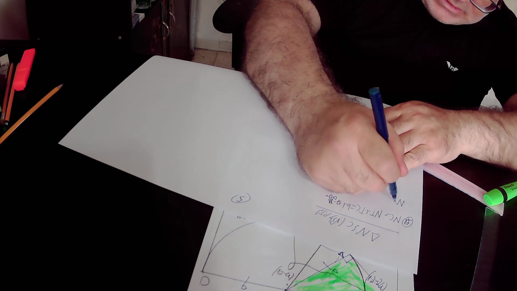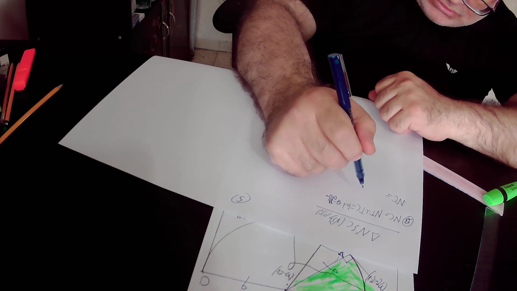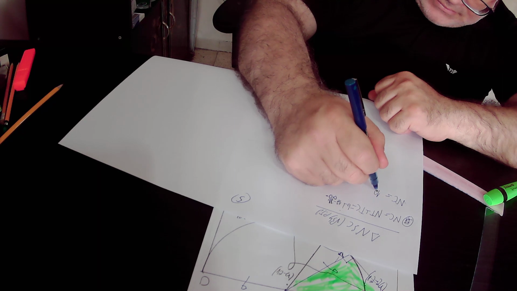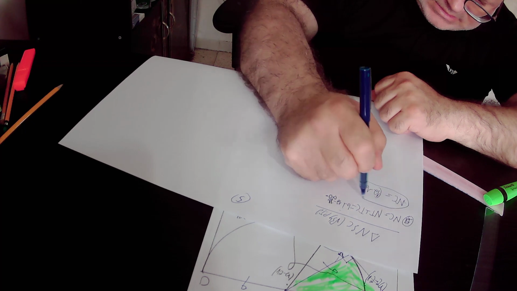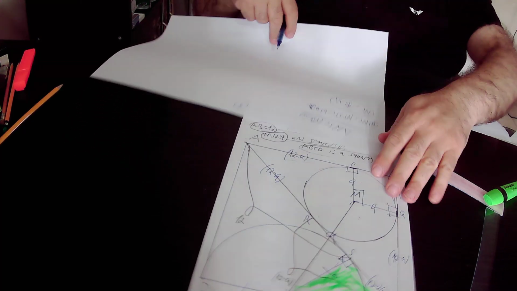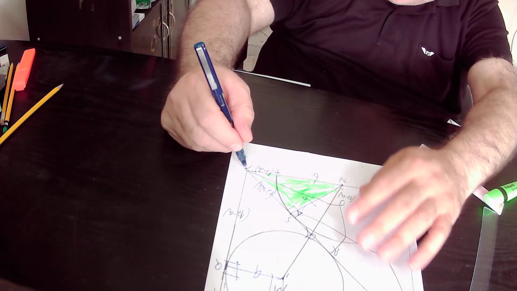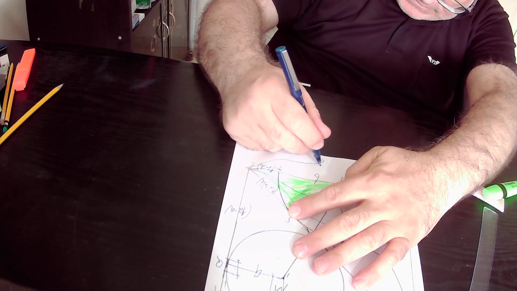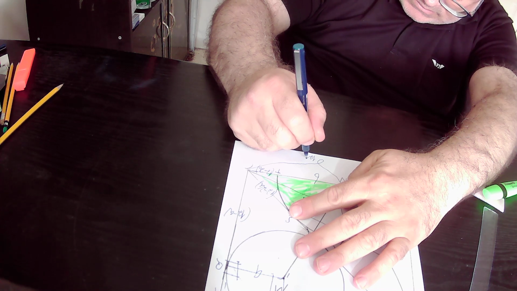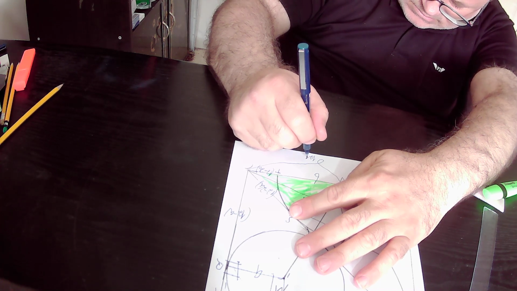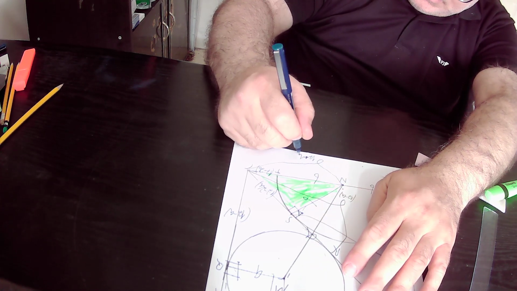In conclusion, we found out that NC, the hypotenuse of the green right triangle, is equal to 12, b minus 2b is minus b, so it is 12 minus b. NC equals 12 minus b.